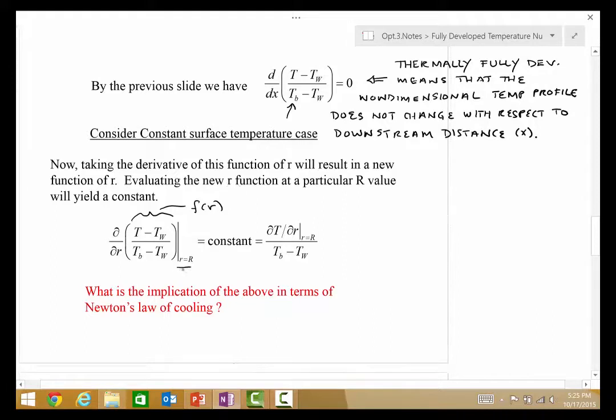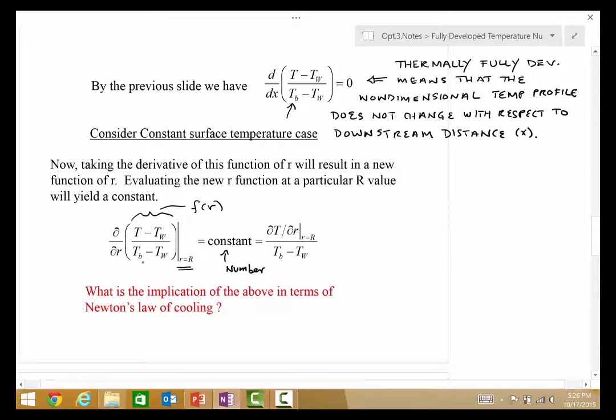When we evaluate it at a particular value of r, it has to be a constant. No matter how complicated a function of r we have, if we evaluate it at a particular value of r, say 1 centimeter, it is just a number. So by constant, we just mean it is a number.